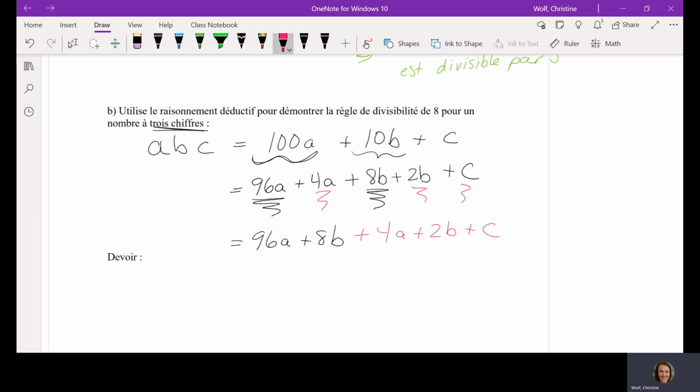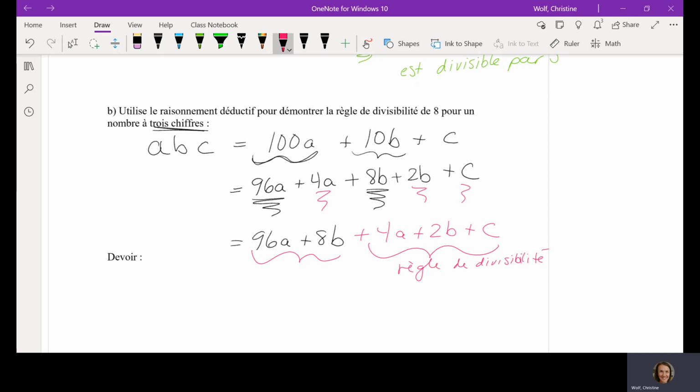OK? So, ça c'est les multiples de 8 et ça c'est ce qui reste, the leftovers. So, ce qui reste, ça c'est la règle de divisibilité. OK? So, ce qu'on fait, on écrit la règle maintenant.